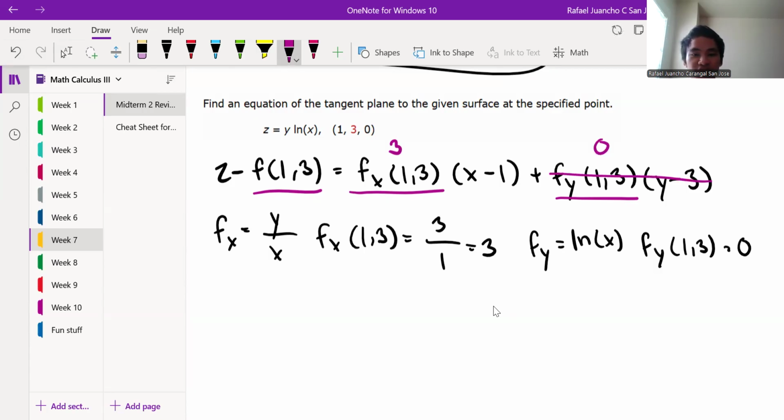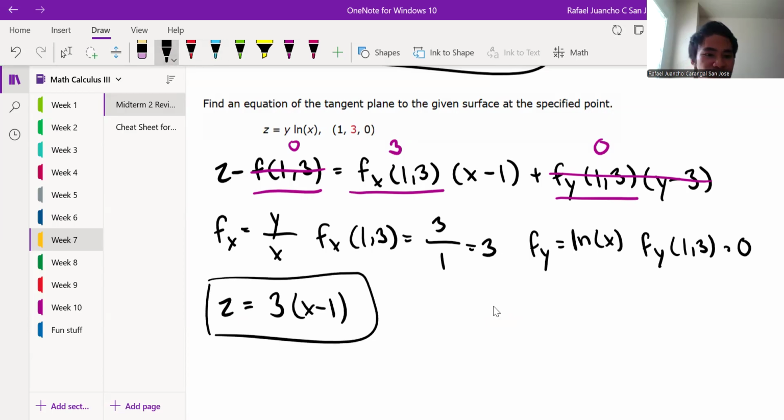For f(1, 3), I plug in ln 1 here, but ln 1 again is 0, so this is gone too. And so I'm left with z equal to this thing. Done. Nice and easy, right?